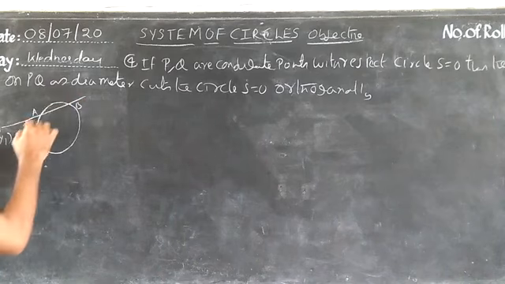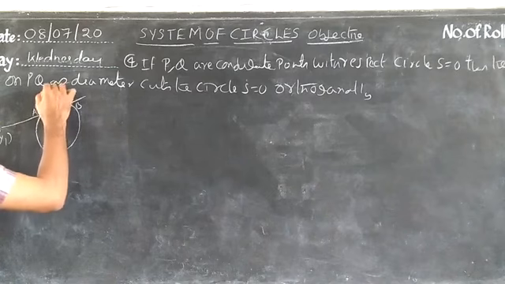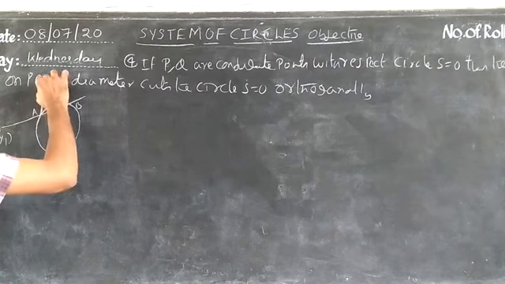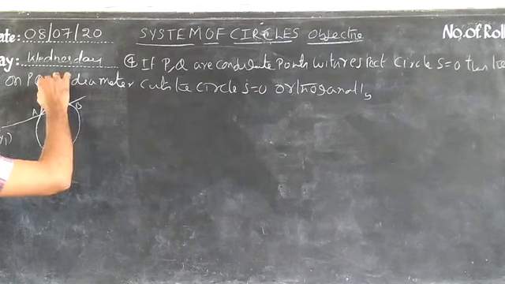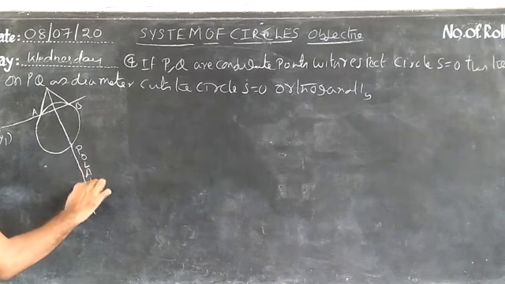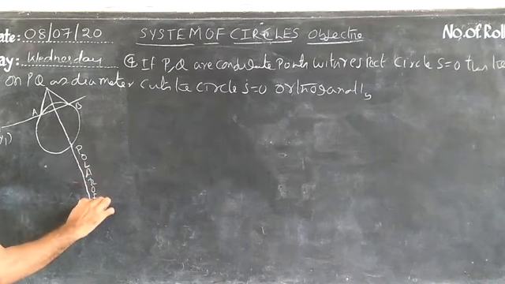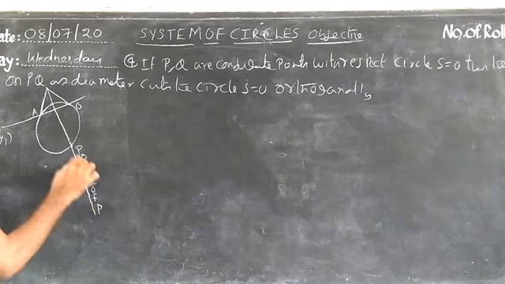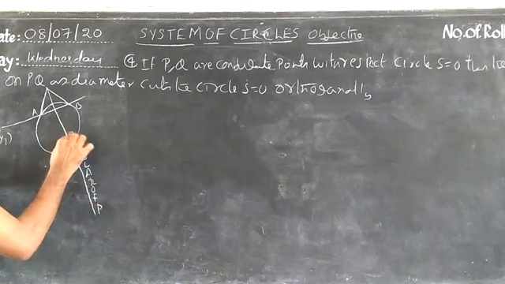Now draw the tangents at the extremities of the chord; the locus of the points of intersection of tangents is called the polar. So this is the polar of P. Next, take a point Q here.